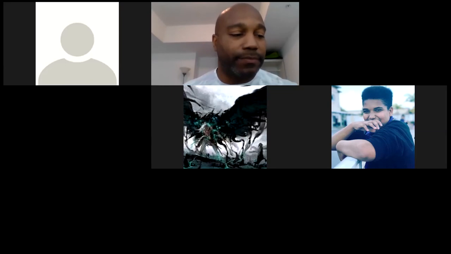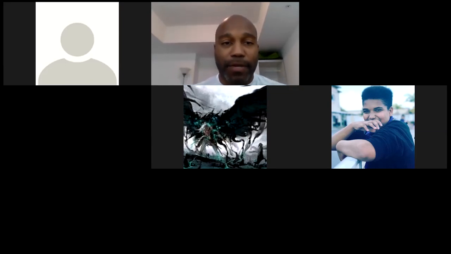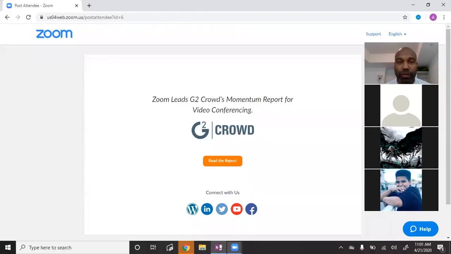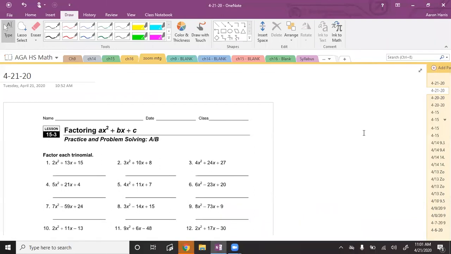Gotta make sure I actually have a stylus somewhere. What happened to my stylus? All right, hold on one second. I gotta go get a stylus. So that's 15.